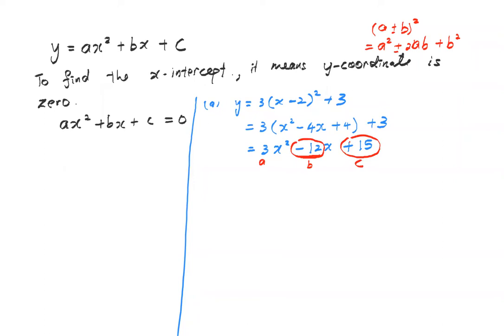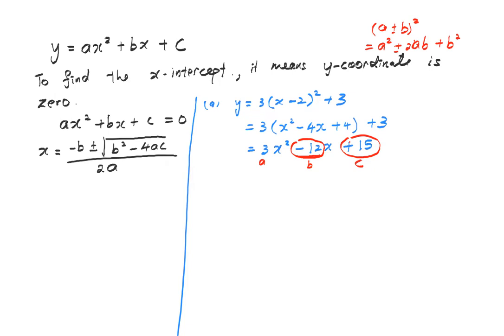Okay, so we know that there is a formula that helps us to find the solution for a quadratic equation. Do you remember the formula? The formula is x equal to negative b plus or minus square root of b squared minus 4ac, over 2a.